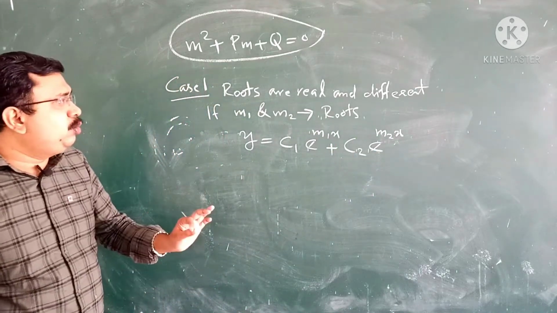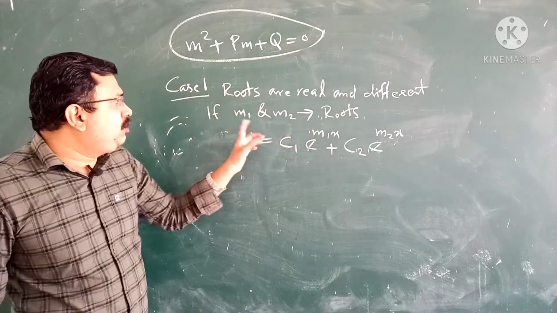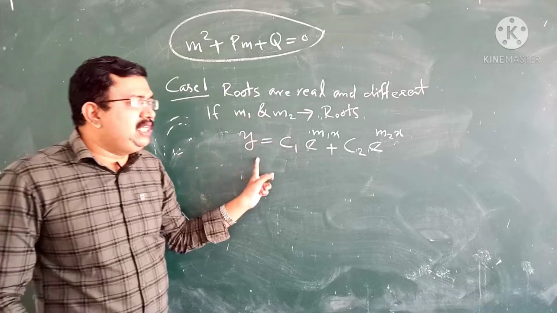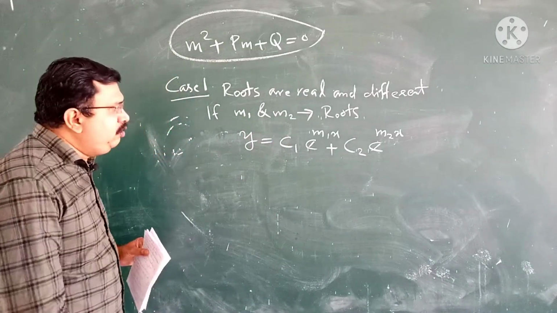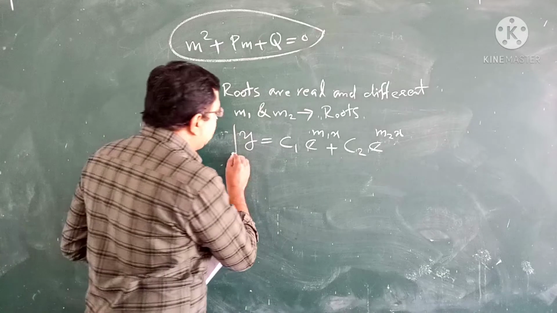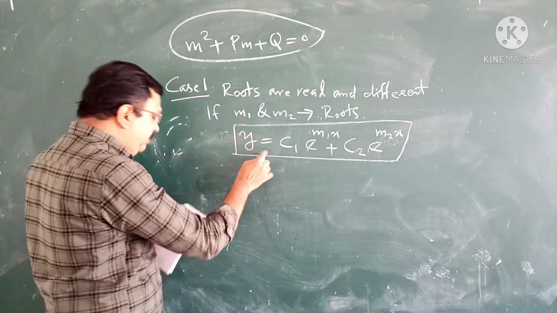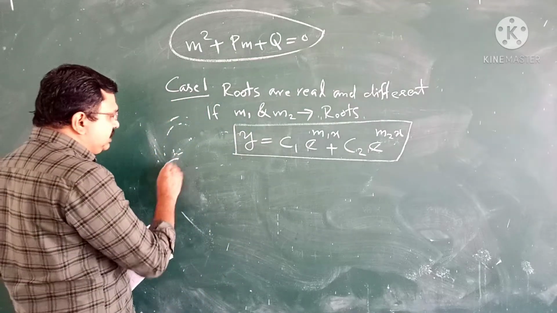Two roots are there, first one is m1, second one is m2. Very, very important.